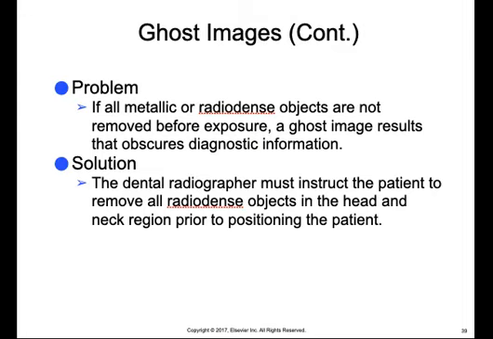If we look on page 252, figure 22-19, we can see an example of what a ghost image looks like as a result of the patient not removing their earrings. There are some annotations on that picture.